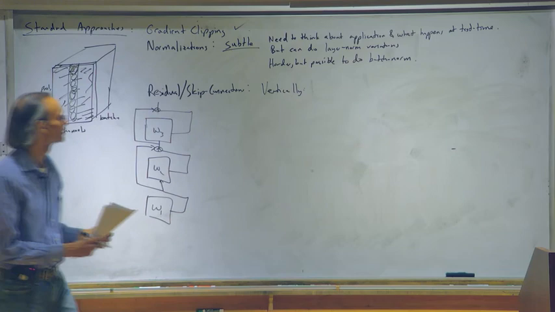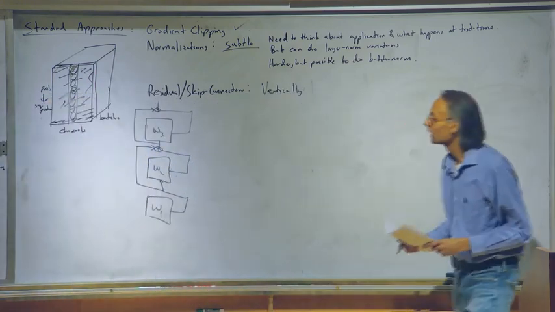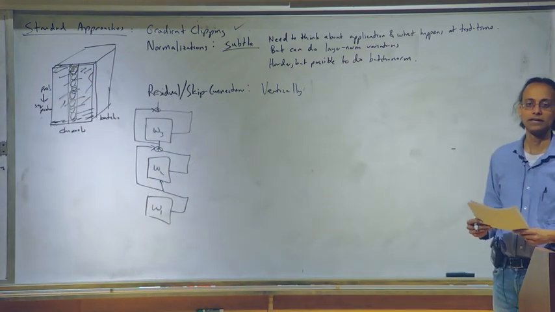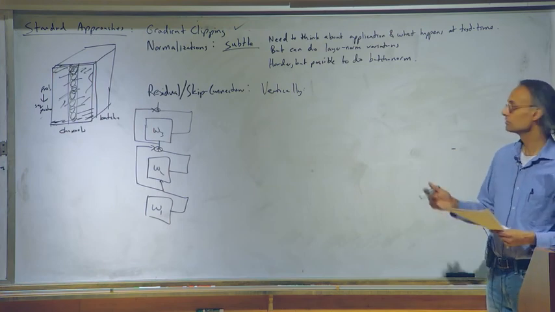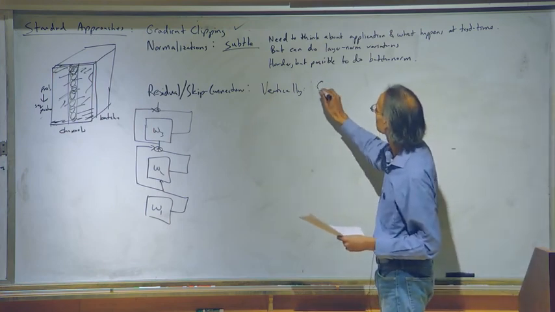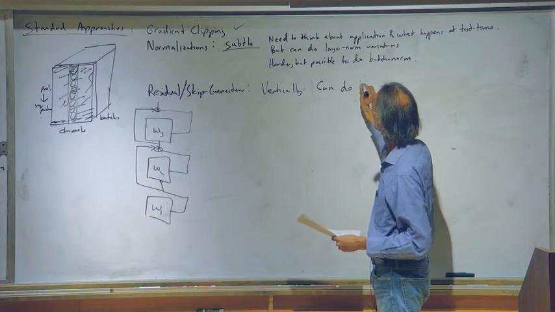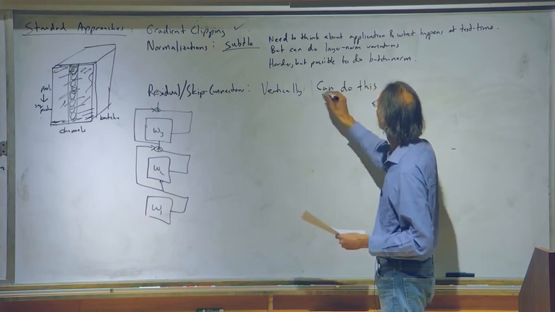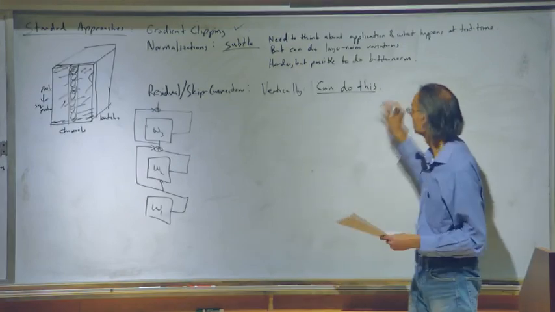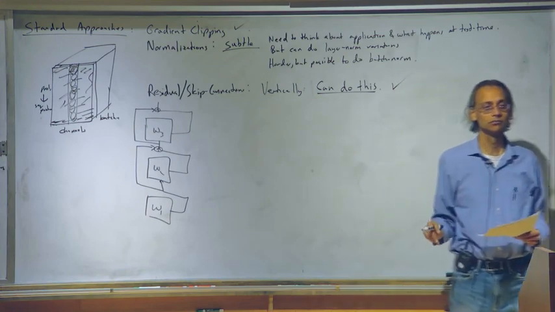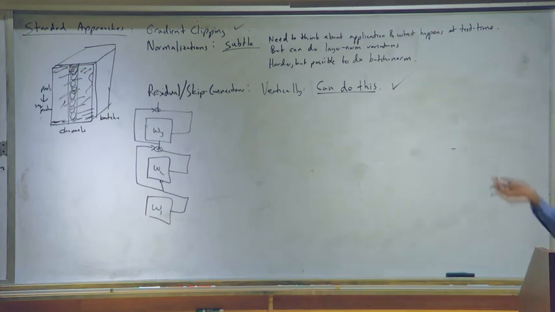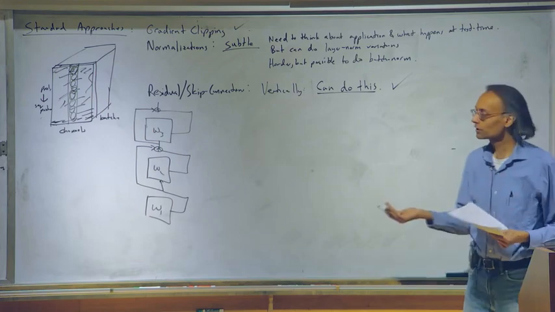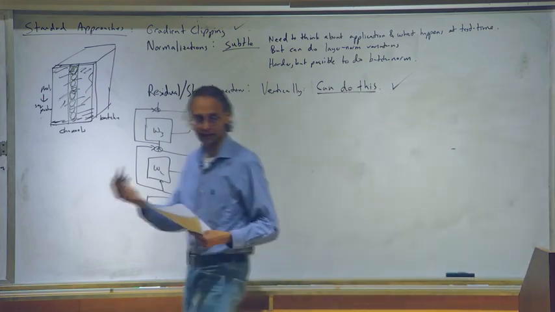So vertically, is there any challenge at all in adding a skip connection? The answer is no, right? Can do this. No problem. Just as you do in a ResNet. You can add skip connections, residual connections. Now, of course, if you do that, you're going to want to make the same thing that was true in a ResNet.